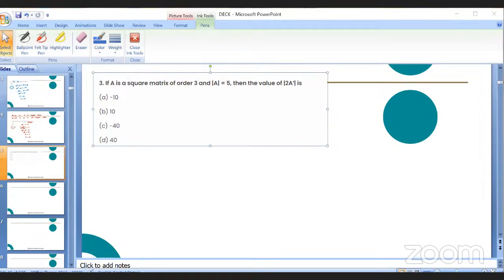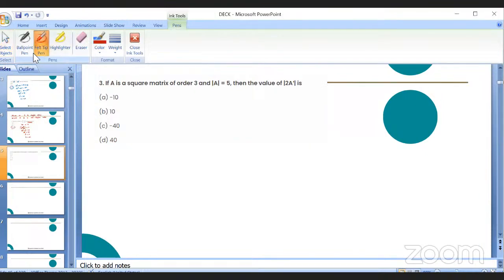All of you are getting option B as the answer. But that is not correct. I told you property 1. That property you have to use.